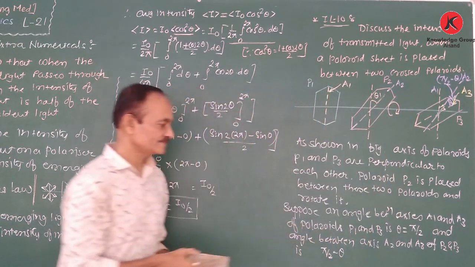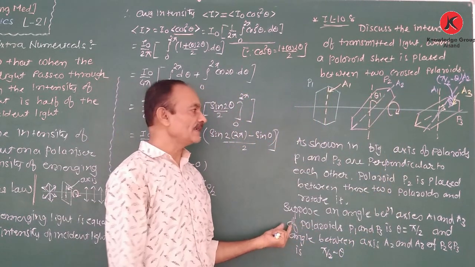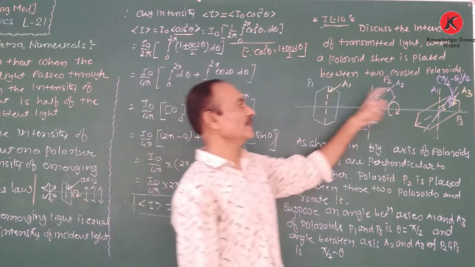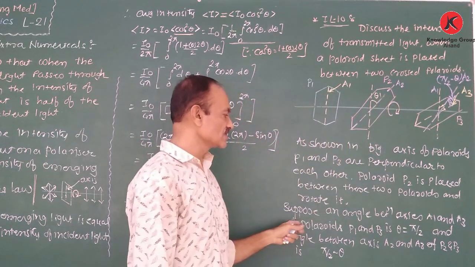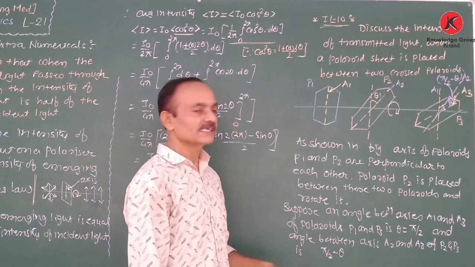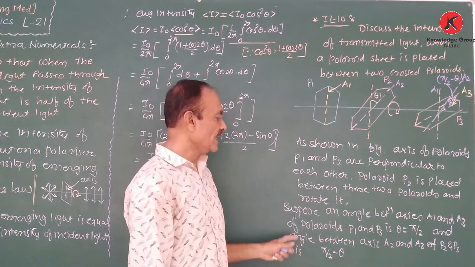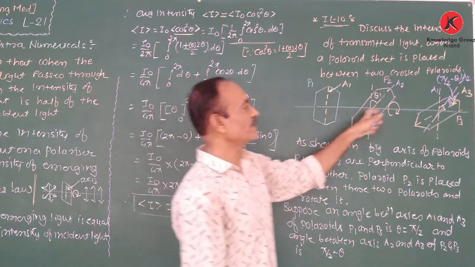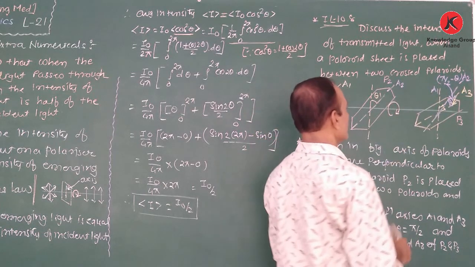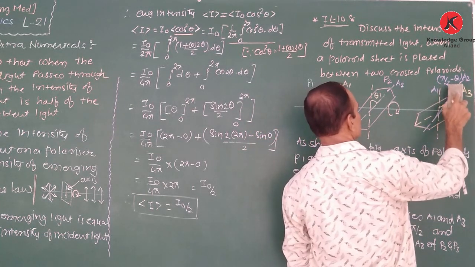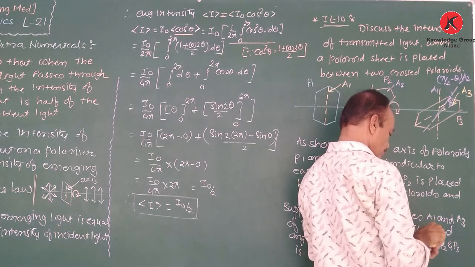About this axis, suppose the angle between the axes A1 and A3 of polarities P1 and P3 is pi by 2, and the angle between the axes A2 and A3, shown like this, is pi by 2 minus theta.